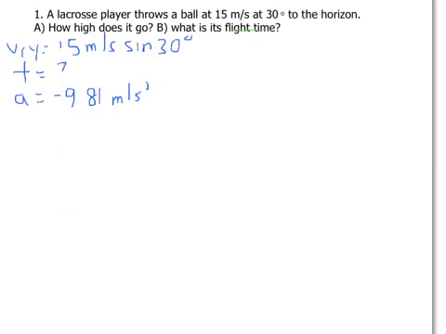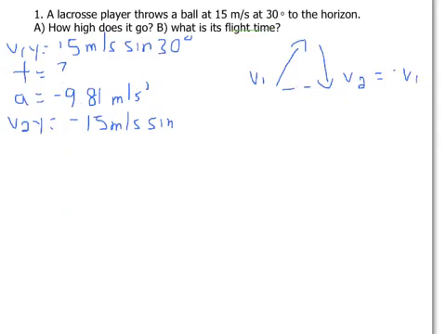So the trick to this question is to realize that when the ball goes up at a certain velocity, it will come back down, and at the same height, its second velocity, or v2, is just the negative of v1. So therefore, we know that v2y, or final y velocity, will be negative 15 meters per second times the sine of 30 degrees. So now we have our 4 variables.